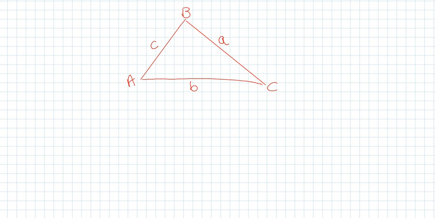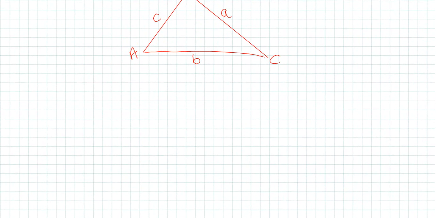But the sine law says the following. Sine law: there are two formulas for it. Sine of angle A over side A equals sine of angle B over side B, which equals sine of C over side C. Okay?